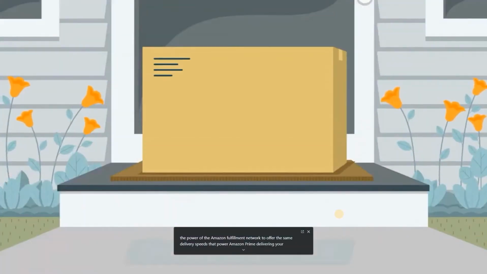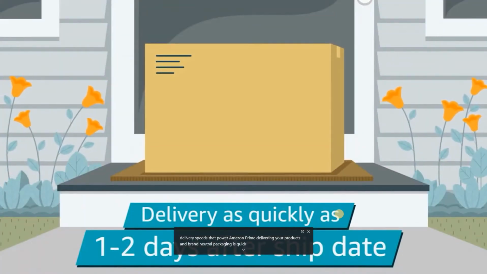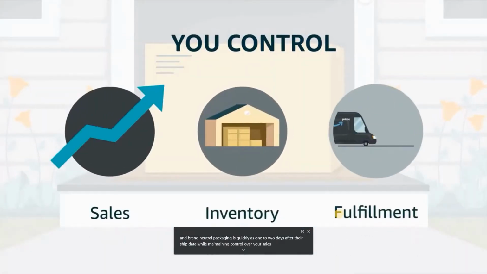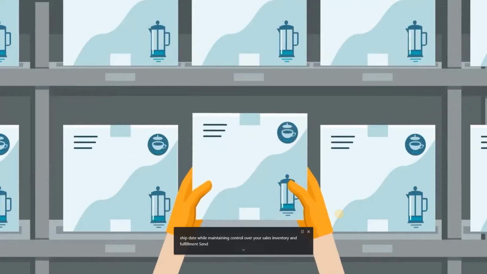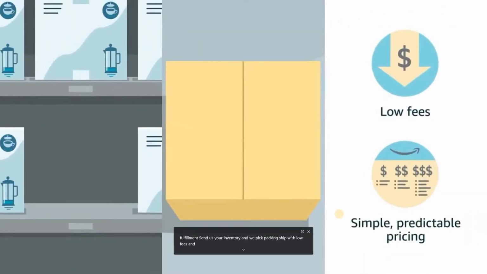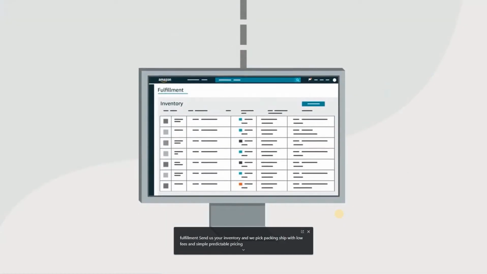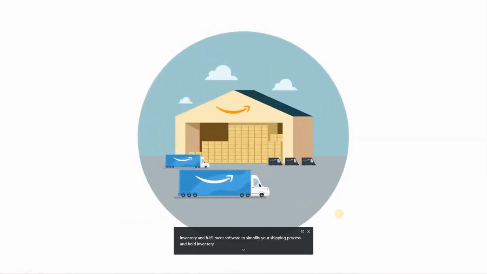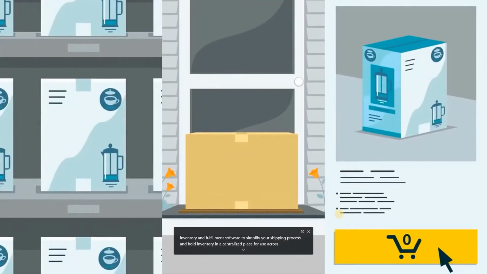Delivering your products in brand-neutral packaging as quickly as 1 to 2 days after their ship date, while maintaining control over your sales, inventory, and fulfillment. Send us your inventory, and we pick, pack, and ship with low fees and simple, predictable pricing. Integrate with your existing inventory and fulfillment software to simplify your shipping process. And hold inventory in a centralized place for use across multiple channels.